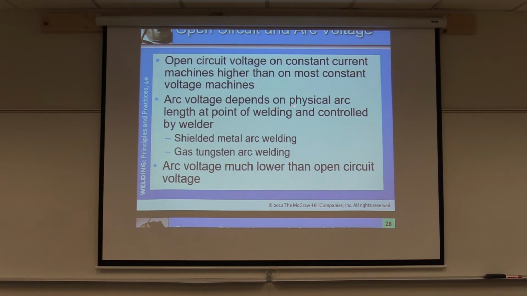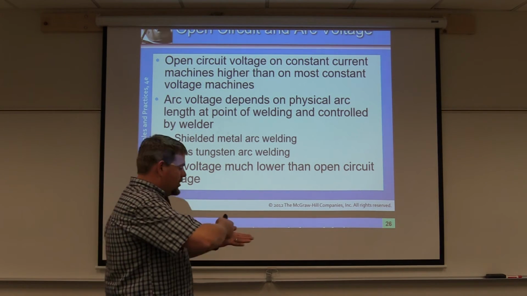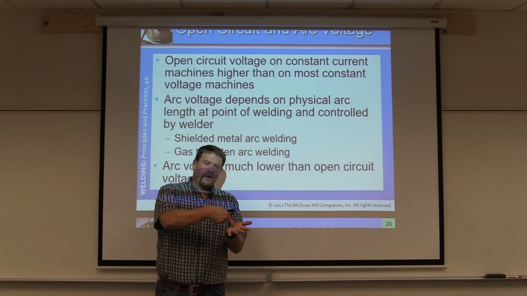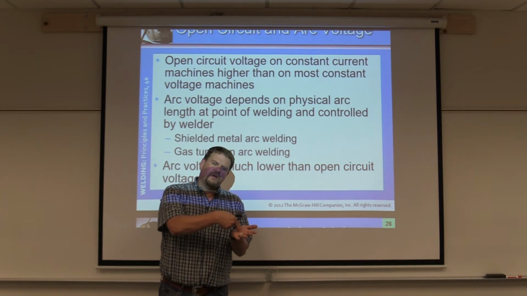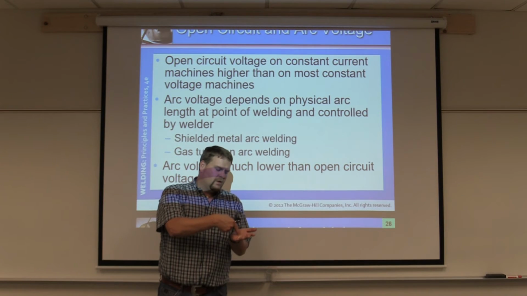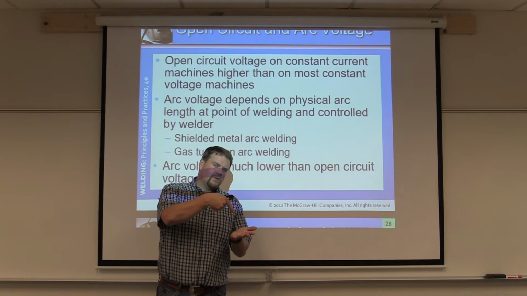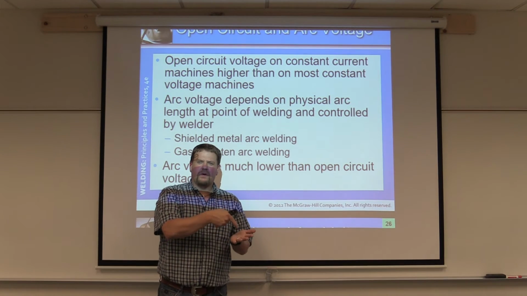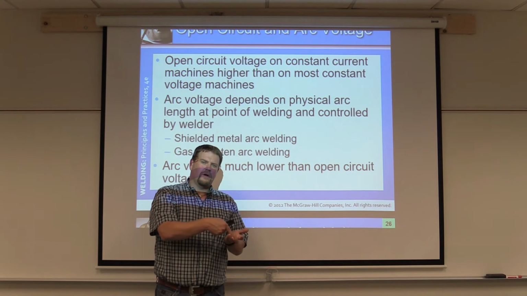Right here, arc voltage depends on the physical arc length at the point of welding and is controlled by the welder. So what they're saying here again is your arc distance. Okay, if you're really, really close, you've got too short of an arc. If you're really far away, then that's what we call long arcing. Those are proper terminology according to the AWS welding definitions and terms, a short arc or a long arc.